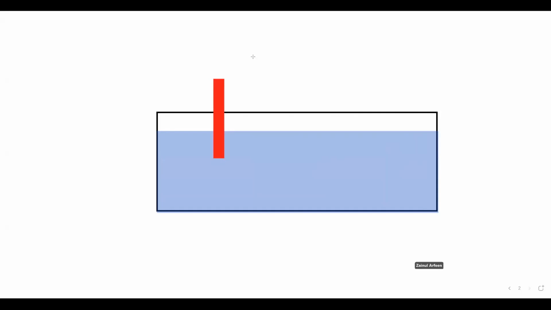Now what happens? Using light rays we can explain the idea. Light rays from the base of the ruler, when they move from water to air, will bend away from the normal. The same thing from the base, it will bend away from the normal.